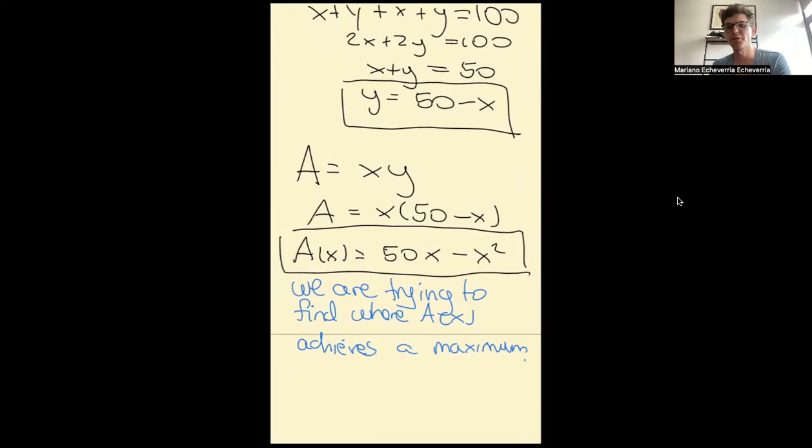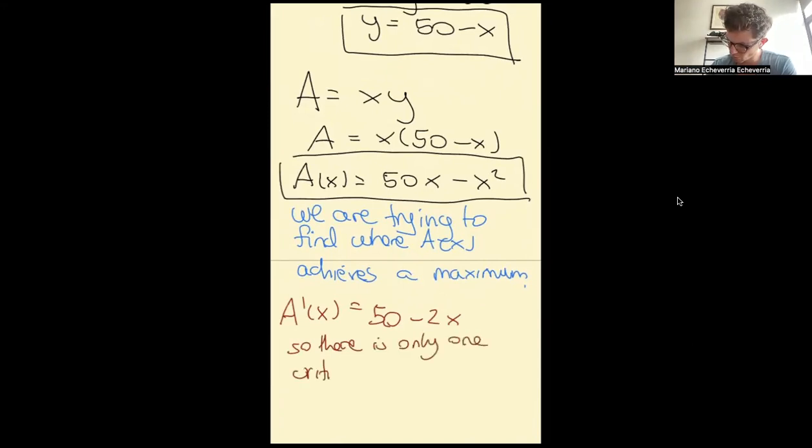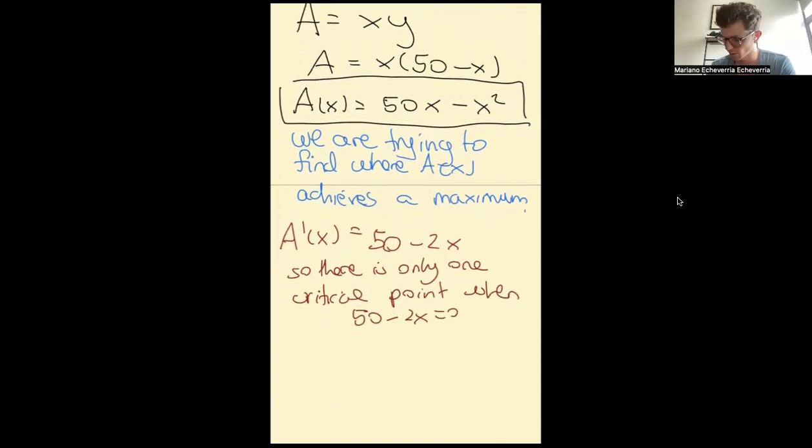The max and the min can only occur at the critical points. So we should find the critical points for this function. There's only one critical point, x equals 25.